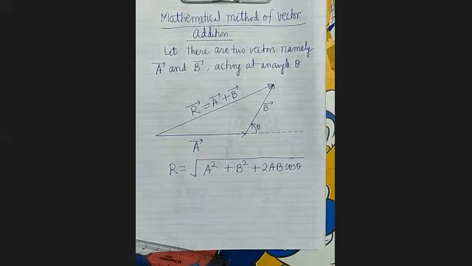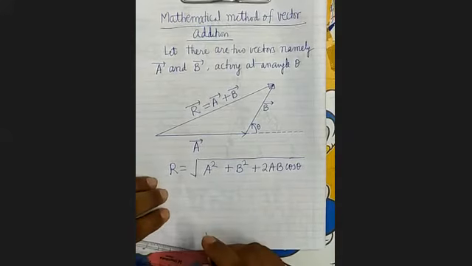R equals square root of A square plus B square plus 2AB cos theta.